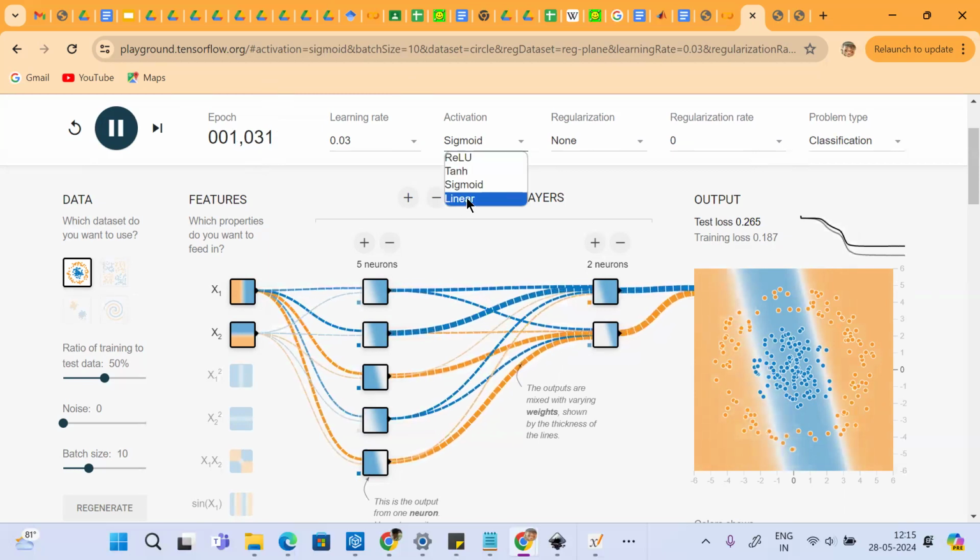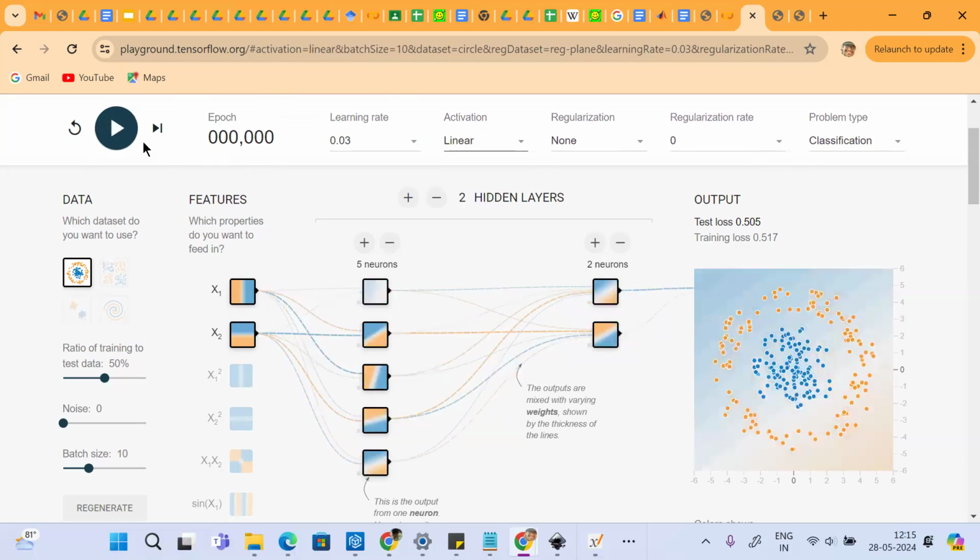Do you think linear will work? No, because obviously the data set is not linearly distributed. With linear, you can see how the gradients are like lines. It's already converging and it's not able to classify our data. Fine. Now, which activation function wins this data set?